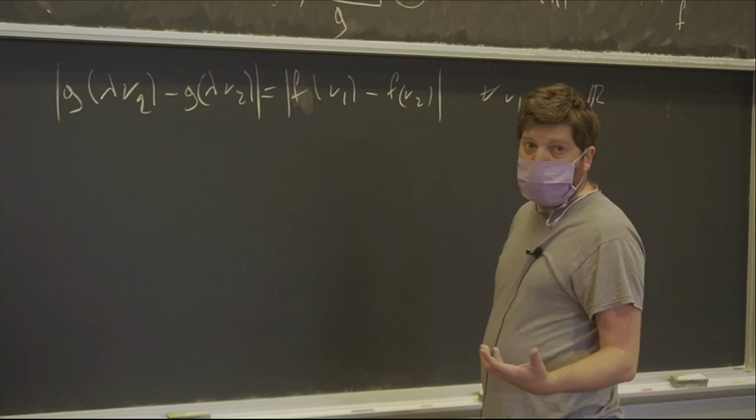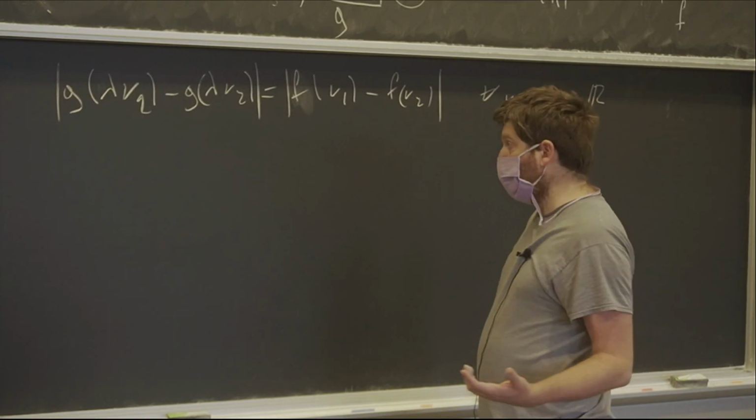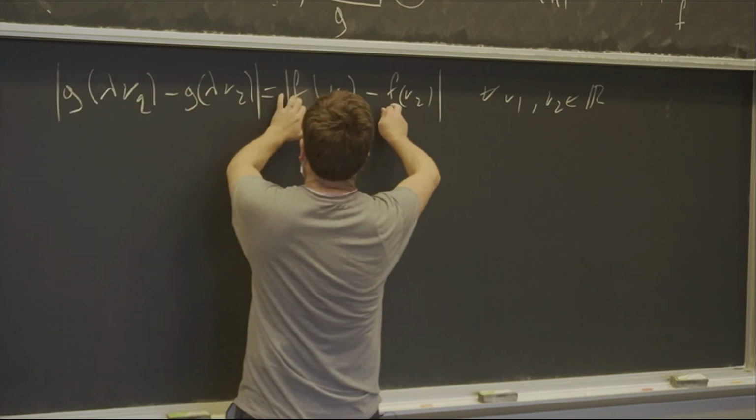And what I want is a bound on lambda, depending on properties of G and on F.